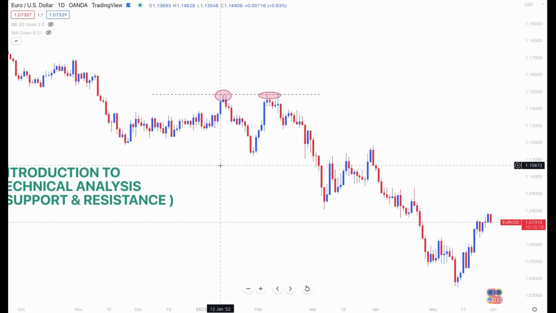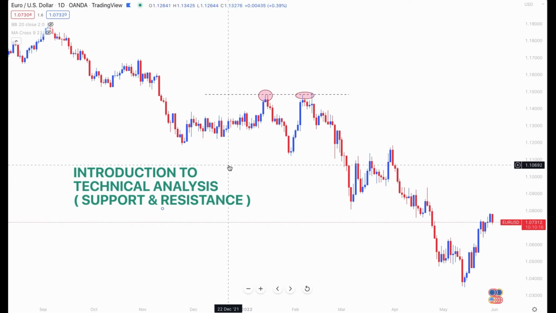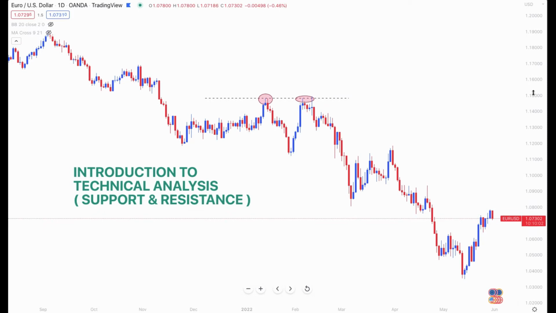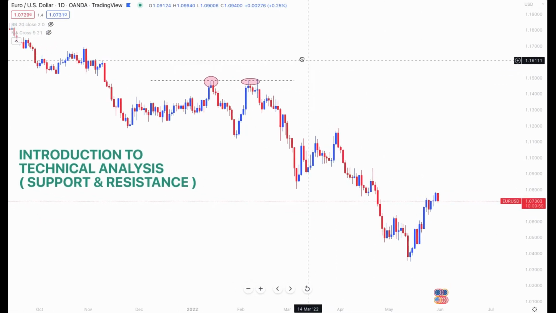It doesn't always work that way, but support and resistance is your entry into technical analysis because price does not move without support or resistance. You need it to create a market.